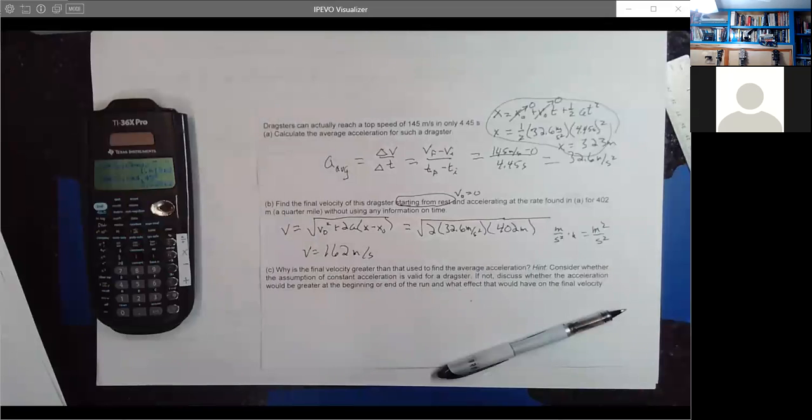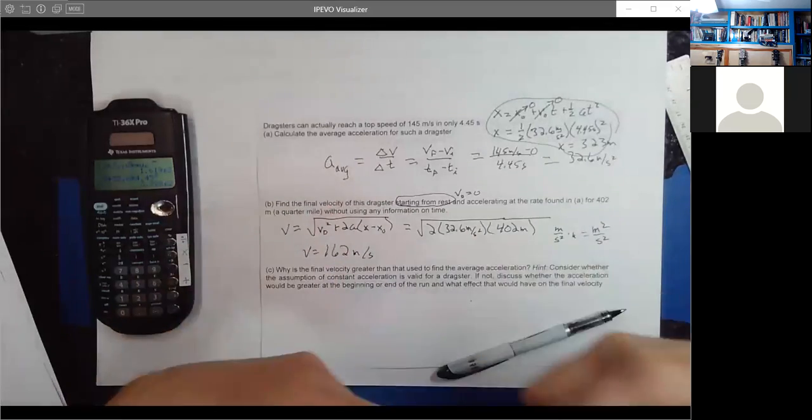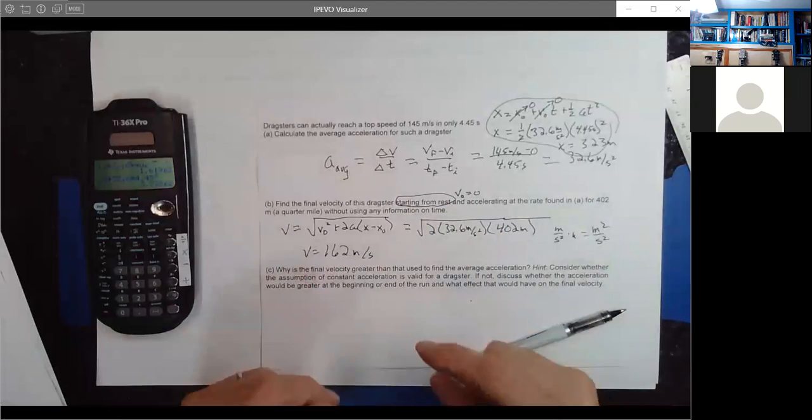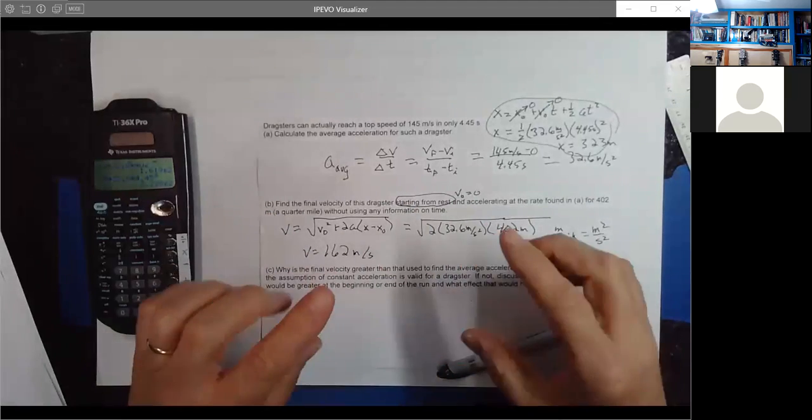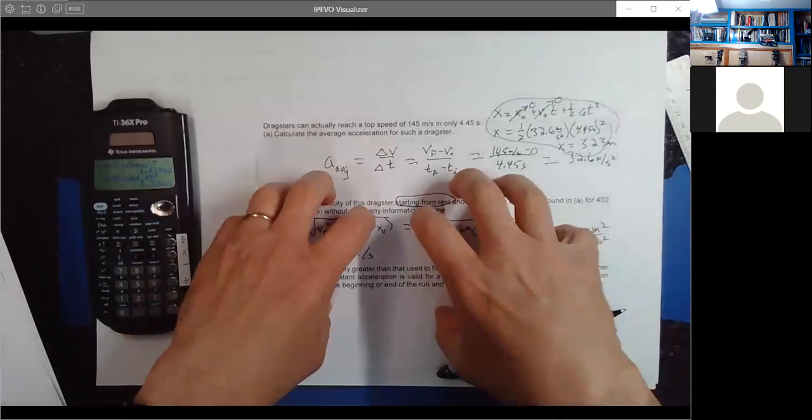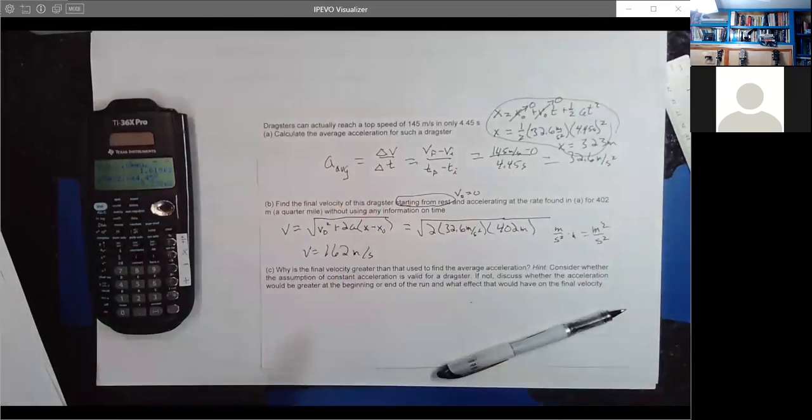Okay. Is the assumption of constant acceleration valid for a dragster? Probably not. Something that happens when dragsters first start up is they tromp on the gas and their wheels actually spin for a while with the dragster barely moving, and eventually the wheels will basically grab the drag strip, and then that's when the acceleration really takes off, or when the dragster really takes off.